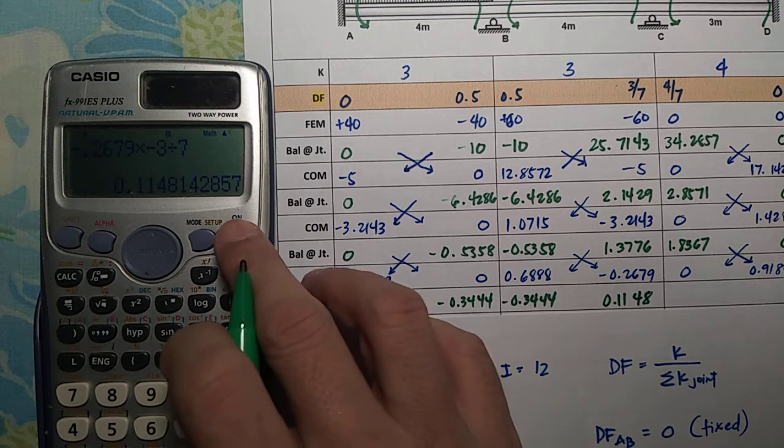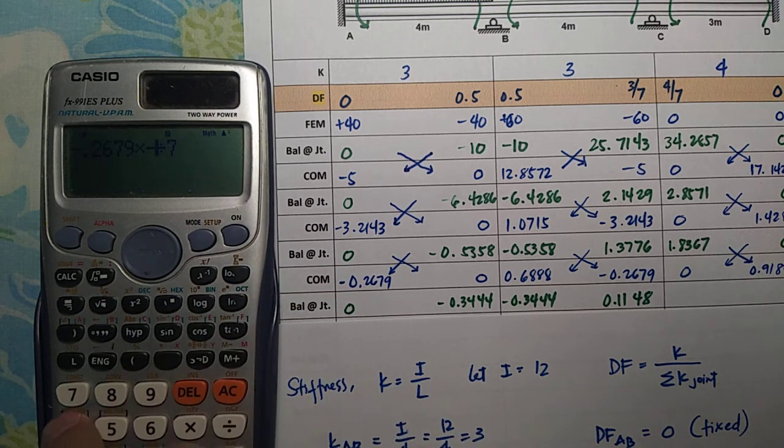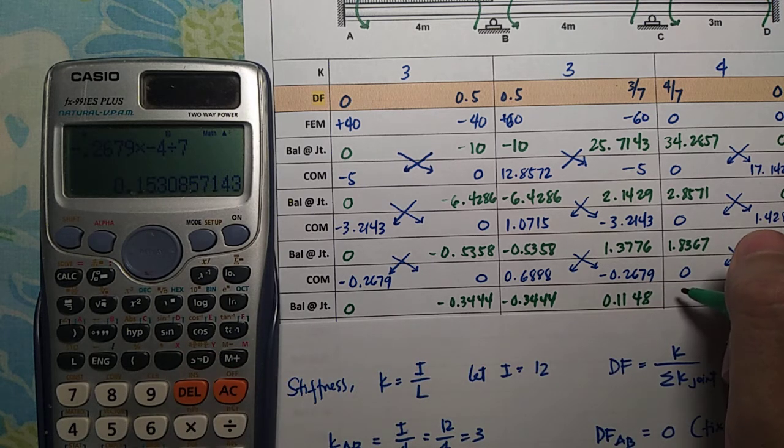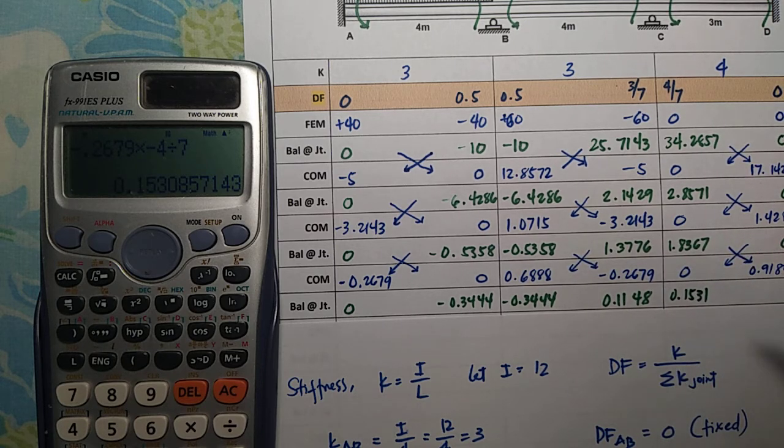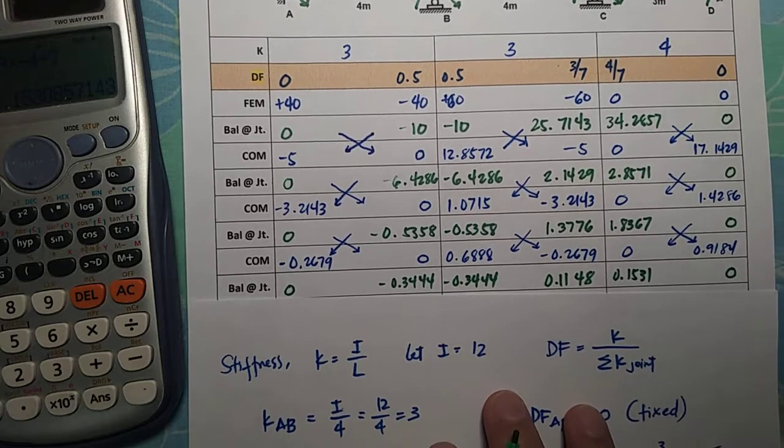Dito naman, negative 4 over 7 is positive 0.1531. Here is 0.9184 times the negative of 0, 0 pa rin. Okay. Again, for the balance, no? So that's balance.